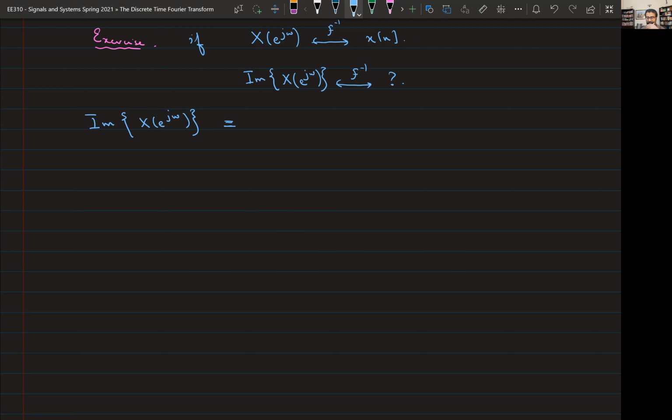What if you want to extract the imaginary part? How do you extract that from a complex number? It is x of e raised to j omega minus x conjugate of e raised to j omega. And if I do the subtraction, what am I going to get at the end?